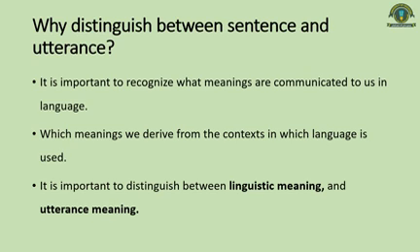Students, it's important to distinguish between linguistic meaning, what is communicated by a particular piece of language or pieces of language, and utterance meaning, what a certain individual meant by saying such and such in a particular place at a particular time and to certain other individuals.